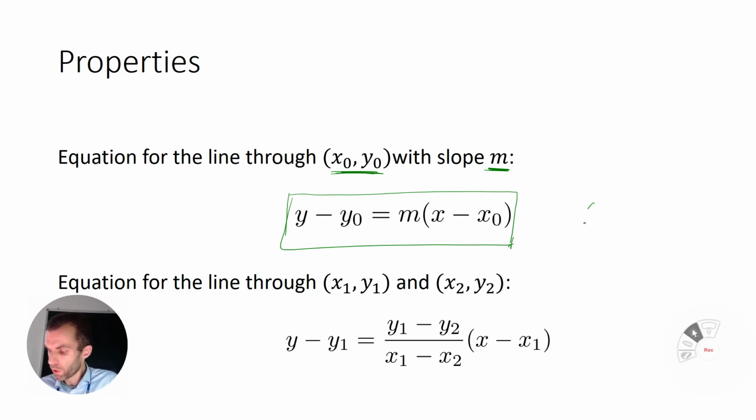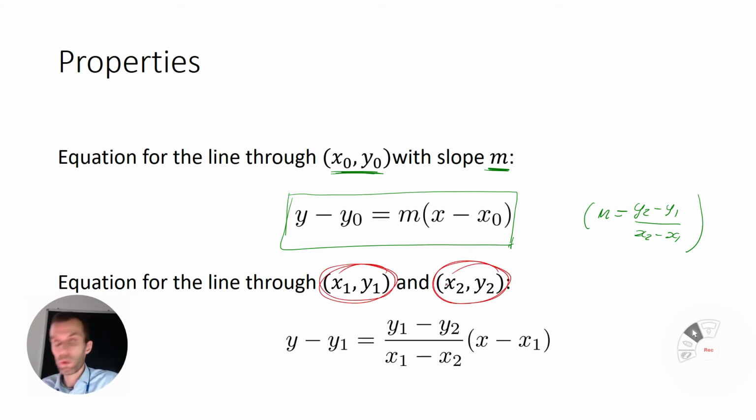And now if you keep in mind that the slope is always the difference between y-coordinates divided by the difference between x-coordinates, then you can also see how the next formula arises. So now if you're given 2 points, but you don't know the slope, then what you have to do is calculate the slope and use that here instead of this m parameter. So this here is the slope again.